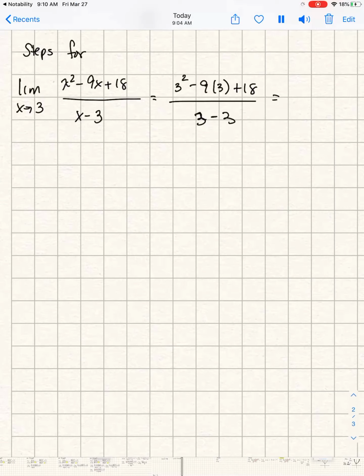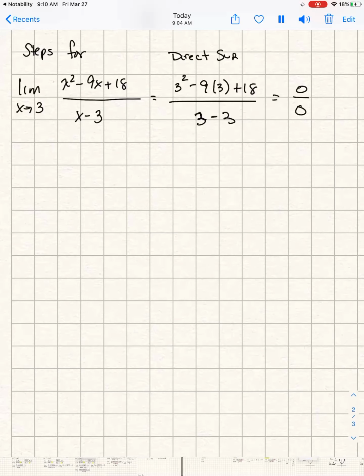So here 9 minus 27 is negative 18 plus 18, so we get 0 over 0. So again, your steps here were direct substitution, and then here's indeterminate form, which is 0 over 0.